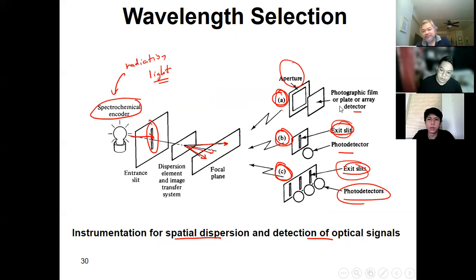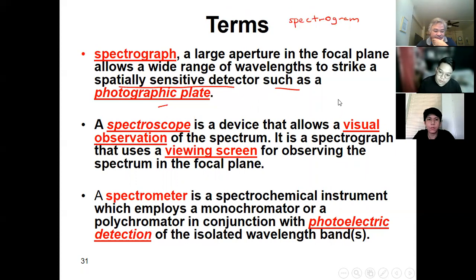In recent years, some solid-state video type detectors have become available and are often employed in spectrographs in place of the film. Imagine if they still collected it by film. We don't have that anymore. I think even the first Raman instruments used film to collect the spectrum.